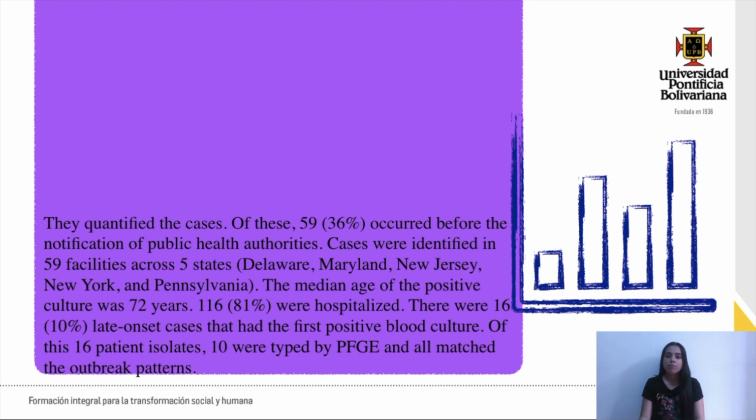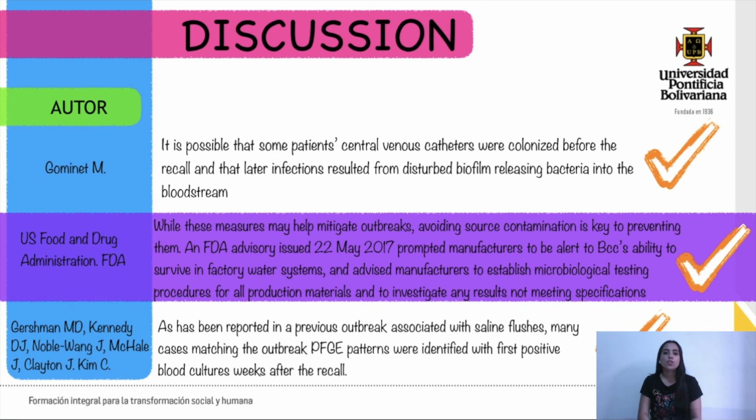Cases were identified in 5 different states, and the median age of the positive culture was 72 years old. 81% of the patients were hospitalized, and also there were 16 late cases that had the first positive blood culture. And of these 17 patients, there were 10 that were typed by PFGE and all matched with the outbreak of Burkholderia cepacia. Discussions.